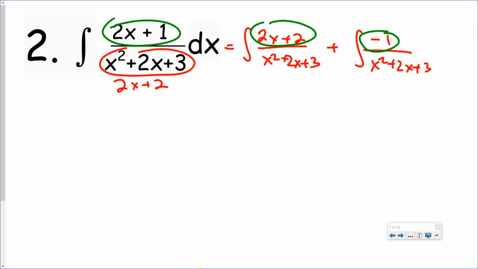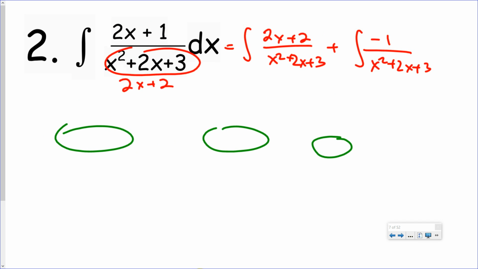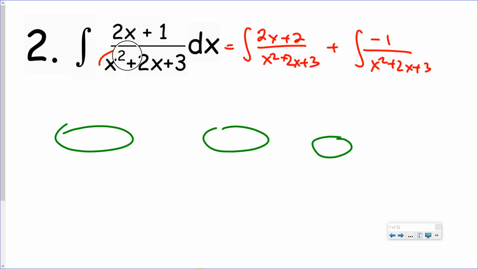Is that true? Good. Guys, if you put a number here and you add these numerators together and it doesn't turn out to be 2x plus 1, then you've changed the value of this integral. And so we can't do that. We can add things in and we can change things up, but we can't change the value of it. Okay? All right.